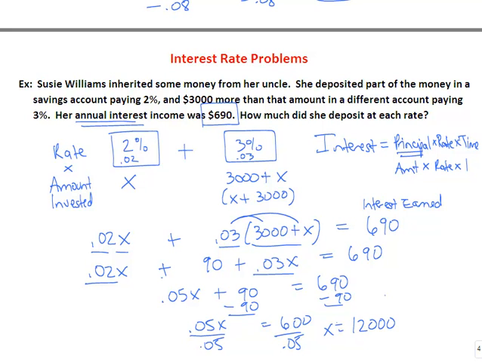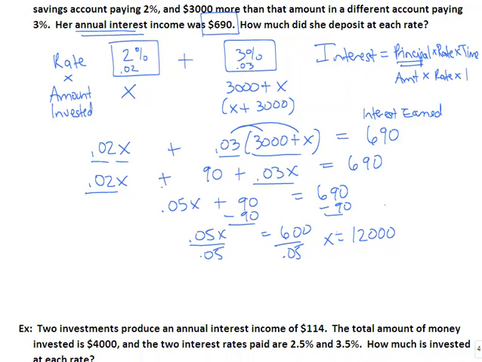Now what did this 12,000 represent? 12,000 was x. And x is our amount invested at 2%. So this is dollars right here. So we invested $12,000 at 2%. How much did we invest at 3%? Well, the amount invested at 3% was 3,000 more than x.